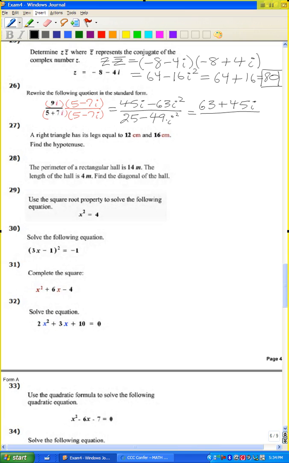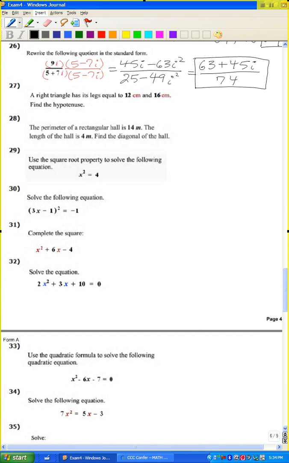Likewise, the negative 49i squared becomes a positive 49. And so you just get 25 plus 49, which is just 74. And that's your answer.